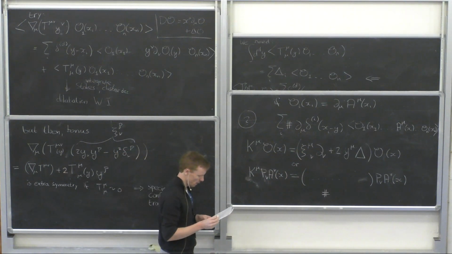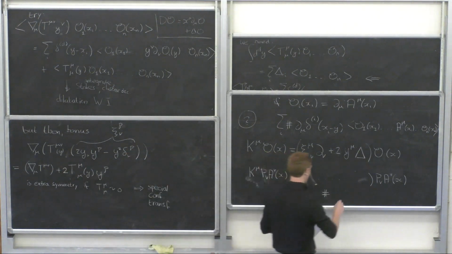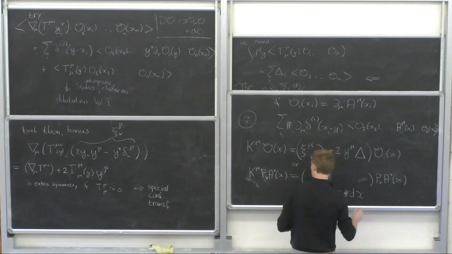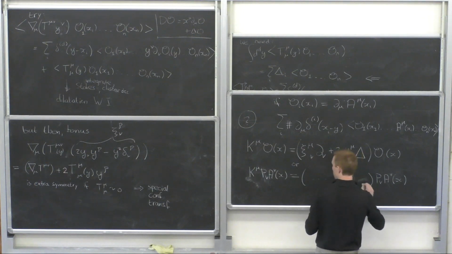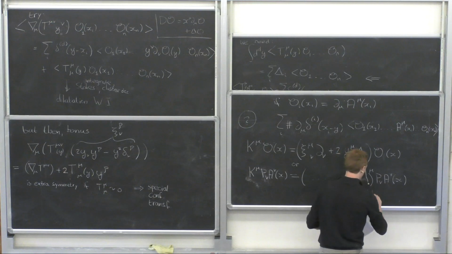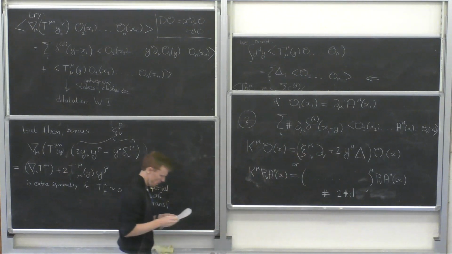where did I write it? x mu, so this stuff is an index mu, x mu a. Sorry, what am I doing?